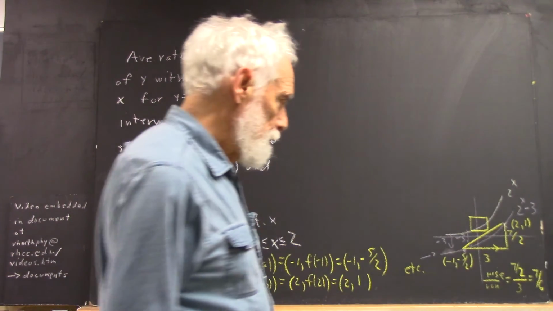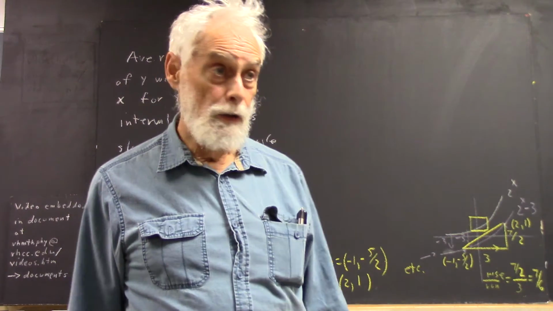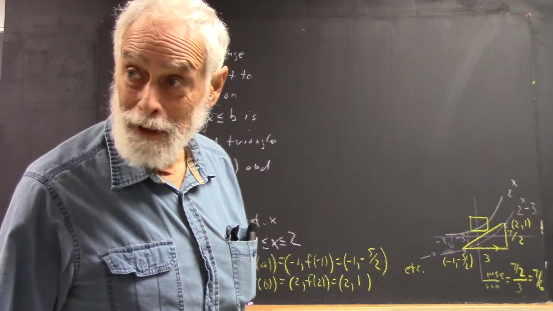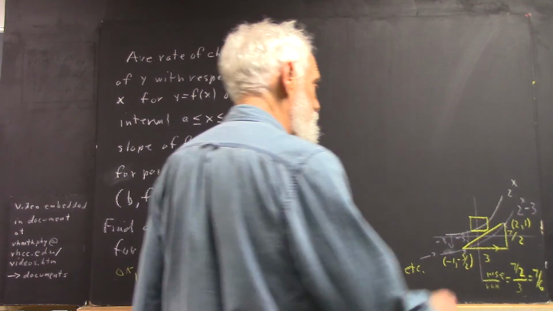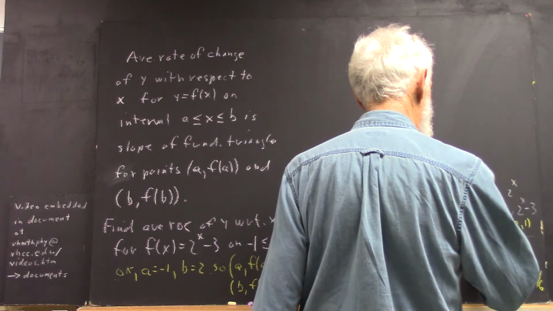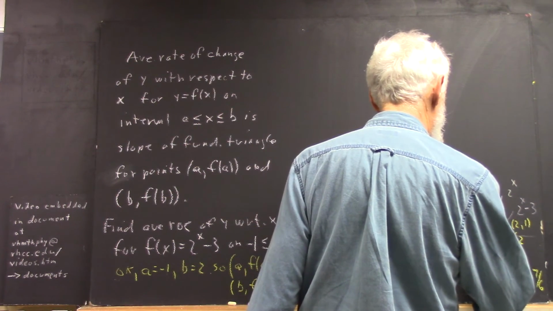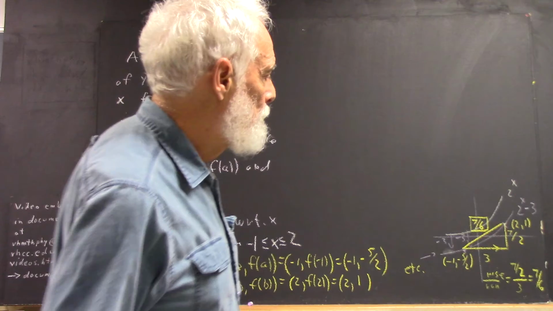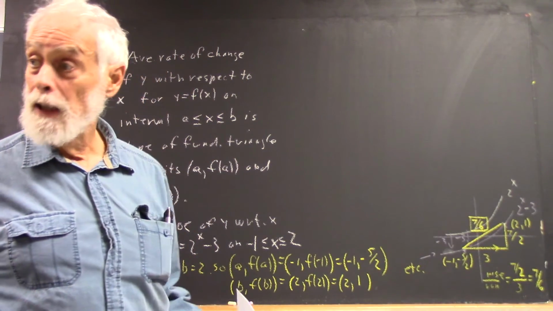And that's 7/6, and if you have to review fractions, get on the web and do it. Okay? So our slope will be 7/6.